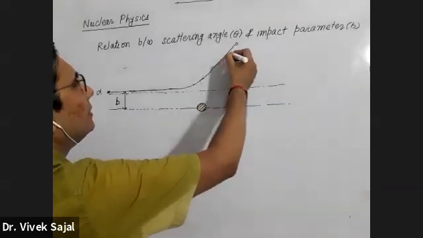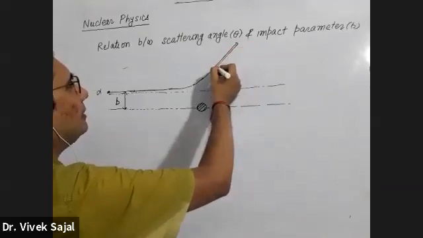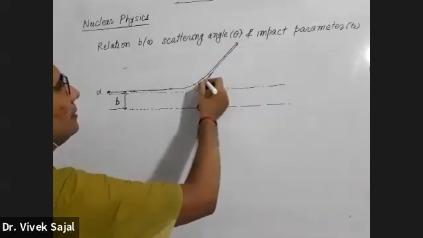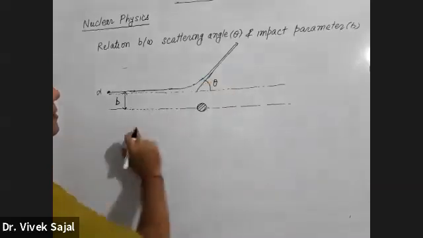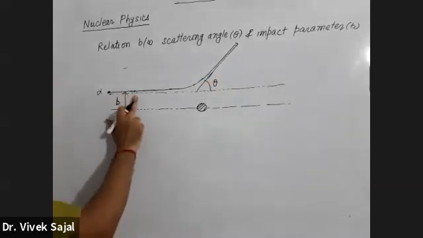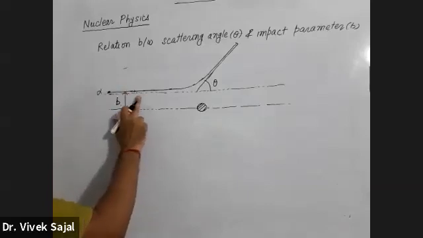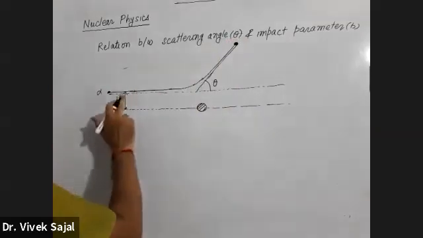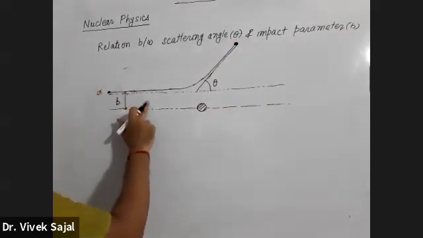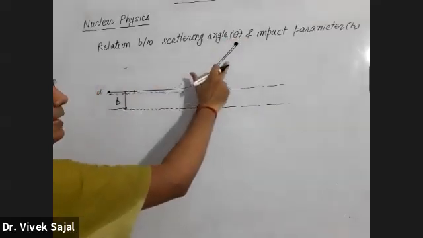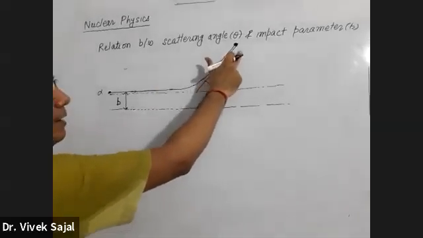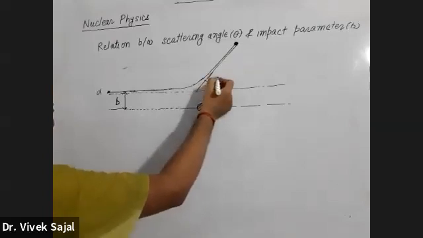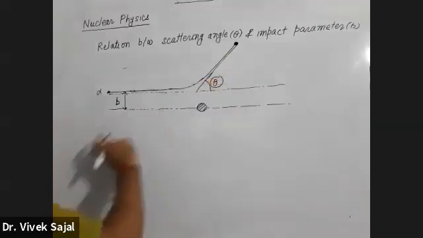If I consider this asymptotic line and backtrace it, the angle between the asymptotic direction of the incident alpha particle and the asymptotic direction of the scattered alpha particle is known as theta, the scattering angle.